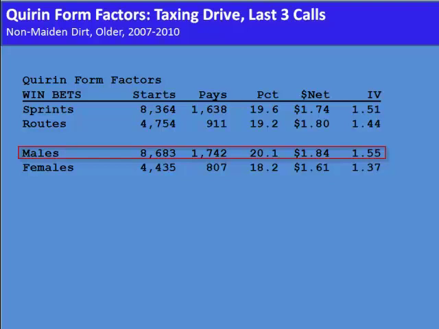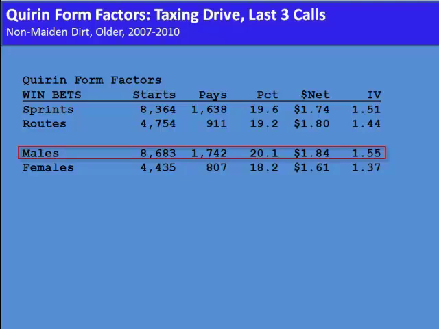We find that males apparently hold their form after the taxing drive that lasts 3 calls, whereas females are just about average. Well, females are average in terms of dollar net, and in reality they're actually a little bit above average at 161. But it is clear that males are able to hold their form longer than females. Apparently some of these females come back and simply cannot compete after the taxing drive that lasts 3 calls.